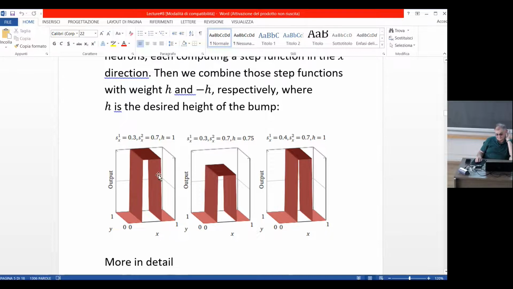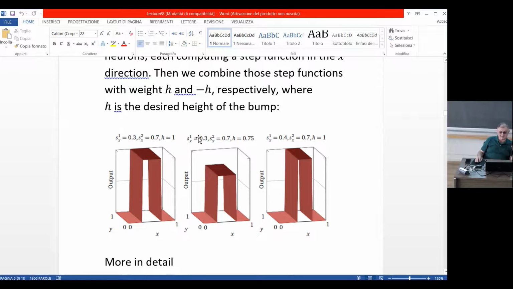What does it mean? Our bump begins at the point 0.3 as the x coordinate, then reaches 1, then remains constant, and then at 0.7 it decreases to 0, and from 0.7 to 1 it will be 0. So the height of this bump figure is 1.